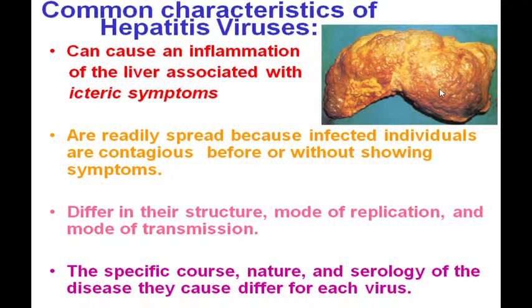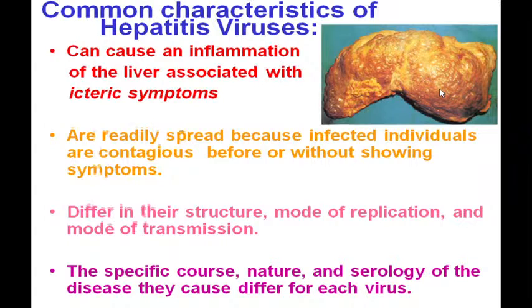So liver enzymes and bilirubin come out of the damaged liver cells, hepatocytes, and will change the biochemistry of the blood. Then the second very important feature typical for almost all hepatitis viruses is that they are readily spread. And the problem is that the person who is infected starts releasing viruses or starts to be contagious before or without showing symptoms.